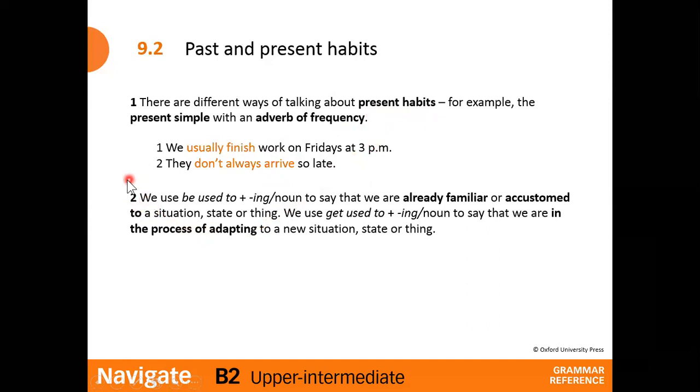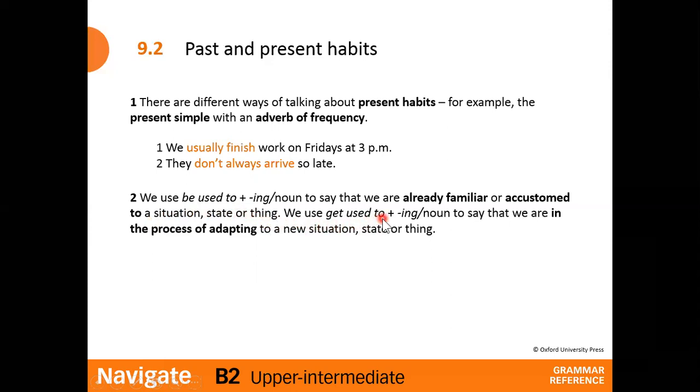All right, rule number 2. We use be used to, there is be plus verb ing, or noun, to say that we are already familiar or accustomed to a situation, state, or thing. All right.